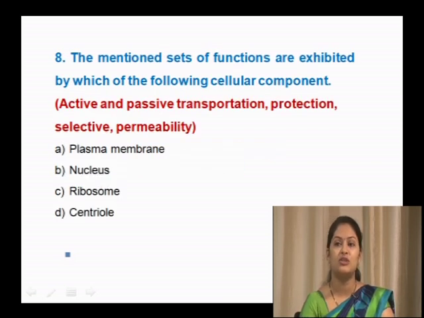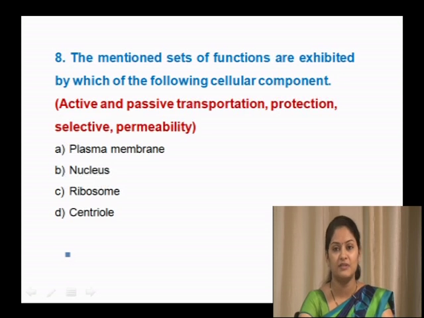The mentioned set of functions are exhibited by which of the following cellular components? So the functions are listed in the bracket: active and passive transportation, protection, and selective permeability.